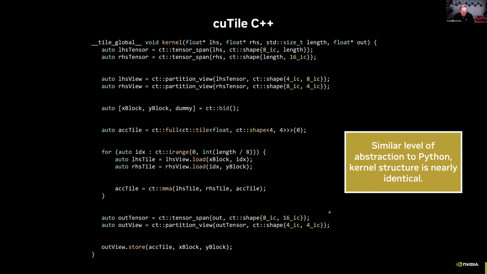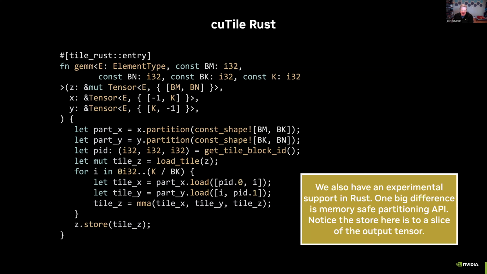We're using CUDA tile partition views to get, basically, the block based on the index. So you can think of this as basically the C++ analog to what we were doing in Python. And this is just to show that this is already there, right? We're already doing something like this for C++, and hopefully this will be pretty appealing for the C++ community as well. So it's a similar level of abstraction, and the kernel structure is nearly identical.